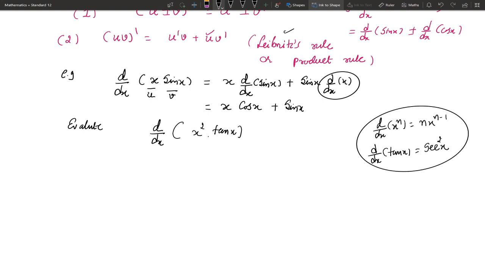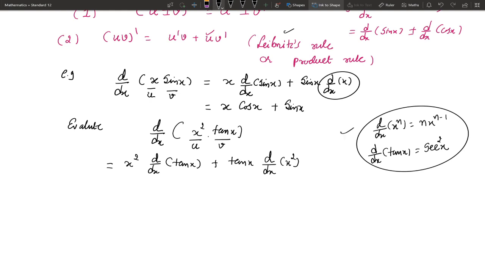So consider this one as u, this one as v, u into derivative of v, so x square into d by dx of tan x, plus v into derivative of u, tan x into d by dx of x square.